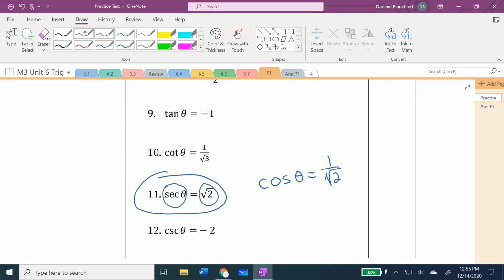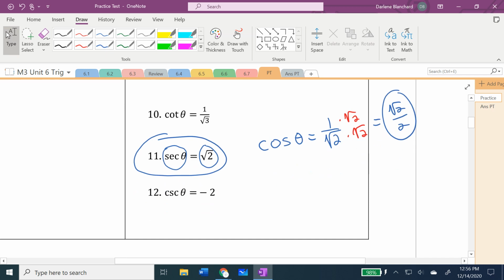You want to recognize that this number is the same thing as root 2 over 2, one of the familiar unit circle numbers.